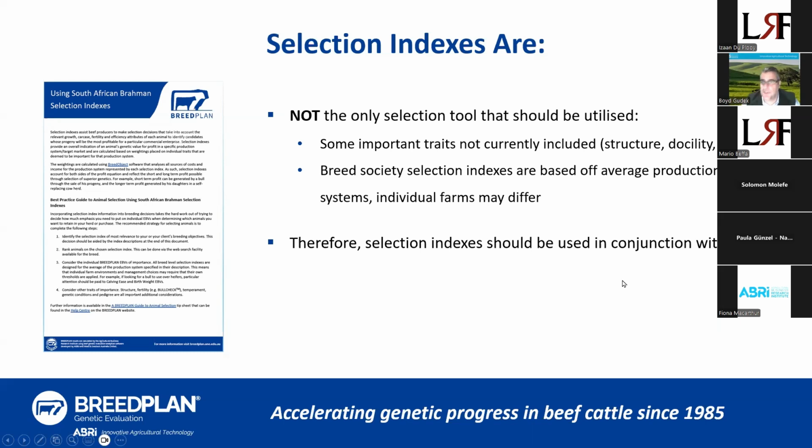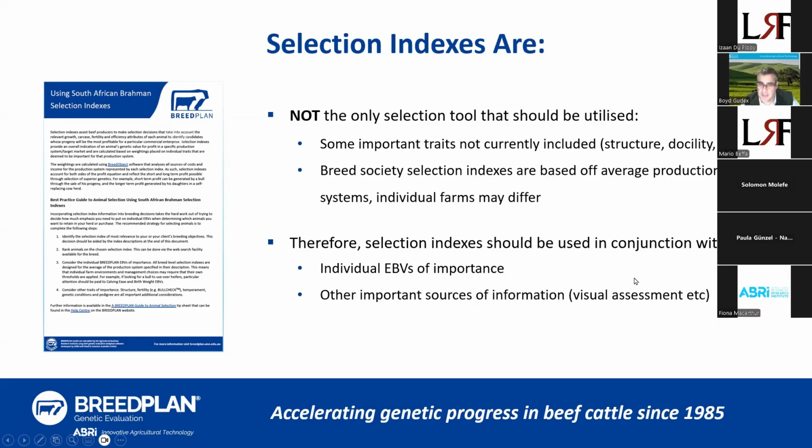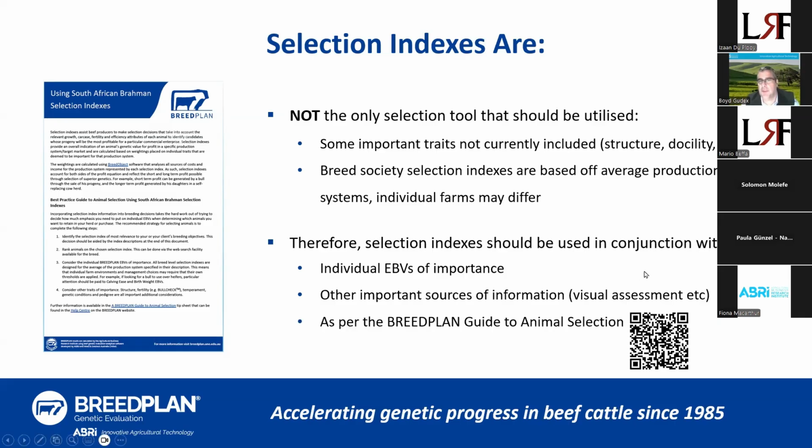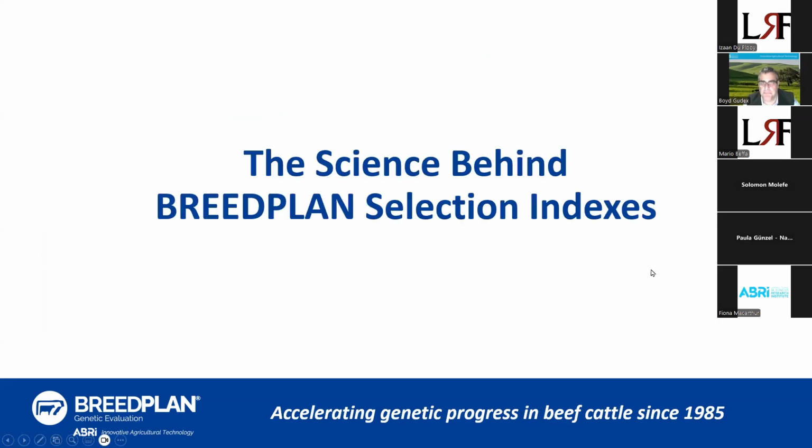Therefore, we advise selection indexes to be used in conjunction with individual EBVs of importance and other important sources of information like visual assessment. And this is all covered in the BreedPlan Guide to Animal Selection. And again, I will cover this in that best practice guide at the end of this presentation.